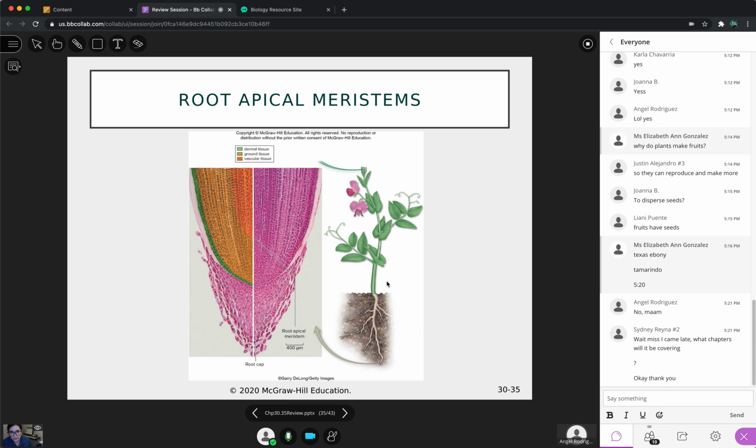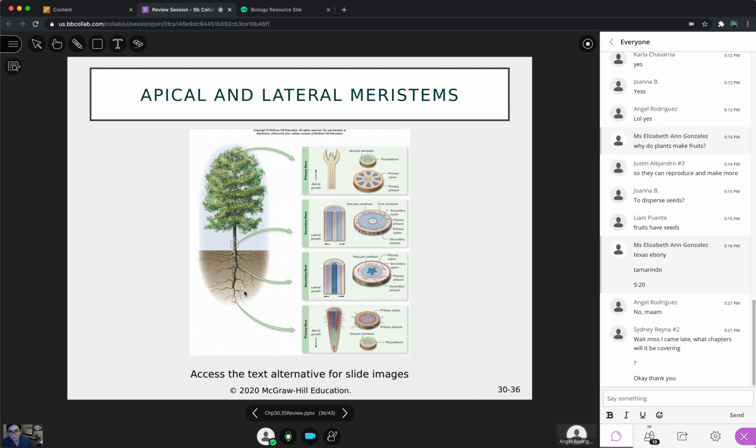So also things like onions. Onions grow underground, and what color are they? They're white because they don't have any chlorophyll. What else is white underground? I guess potatoes too. Potatoes are typically white. So that's just something to think about.